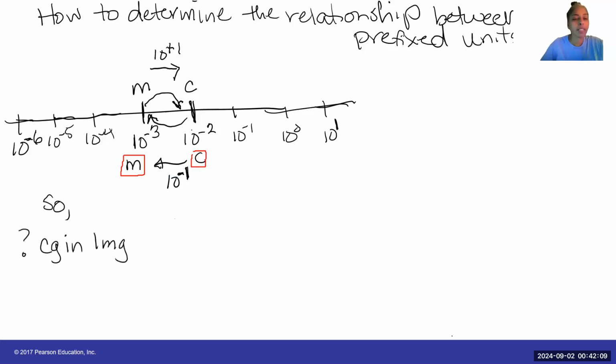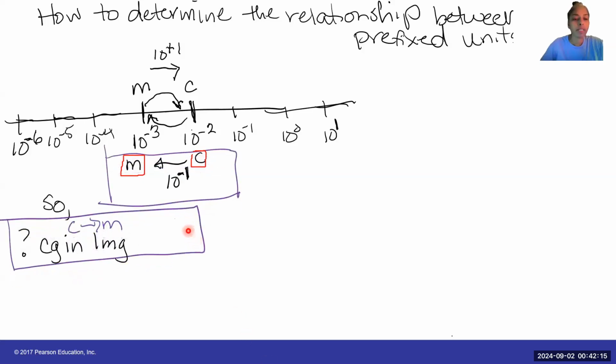So what does that mean? How many centigrams are there in 1 milligram? So I'm essentially going from centi to milli, right? I'm going in reverse. That would equal 10 to the minus 1 centigrams. So 1 milligram will be equal to 10 to the minus 1 centigram. We can also write this 10 to the minus 1 centigram in a decimal format.